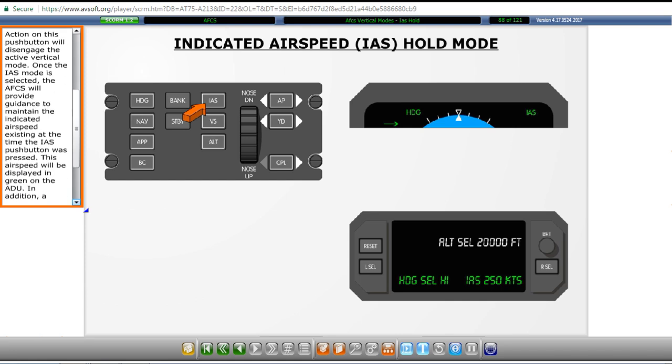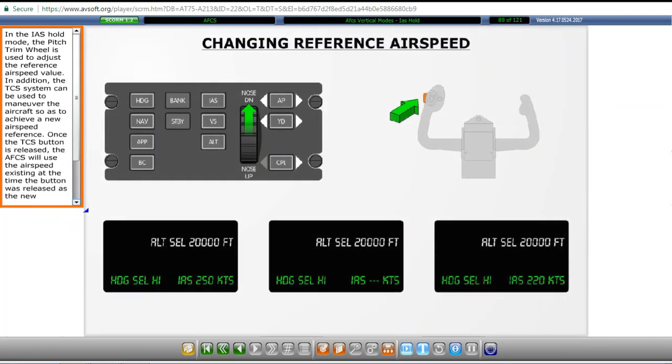This airspeed will be displayed in green on the ADU. In addition, a green IAS message is displayed on both EADIs. In the IAS hold mode, the pitch trim wheel is used to adjust the reference airspeed value. In addition, the TCS system can be used to maneuver the aircraft so as to achieve a new airspeed reference.